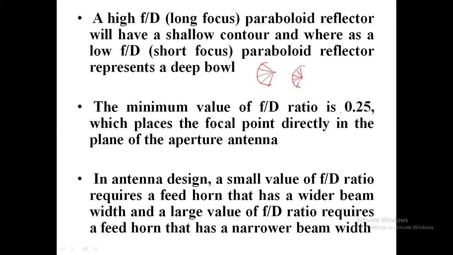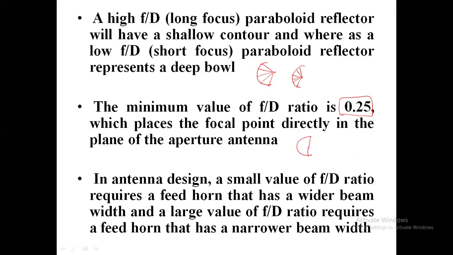After standard experiments and standard mathematical analysis, the value determined is 0.25 or 1 by 4, which places the focal point directly on the plane of the aperture area. That means if this is your parabolic reflector, exactly at this point, we will get the value of 0.25 as a standard value.